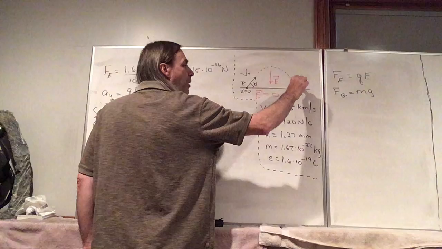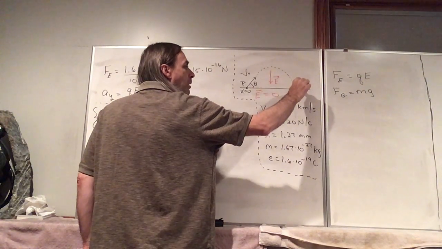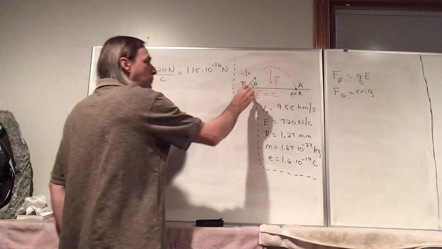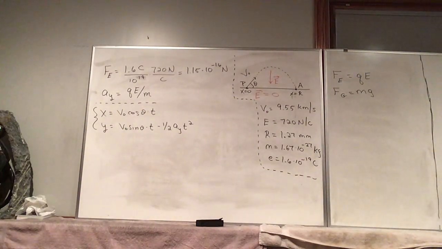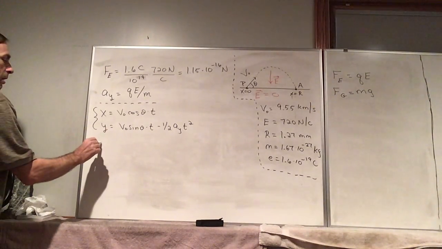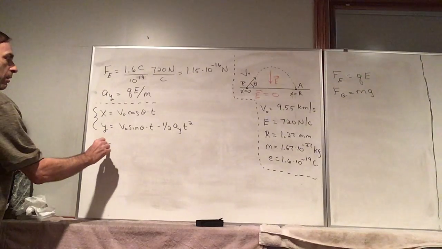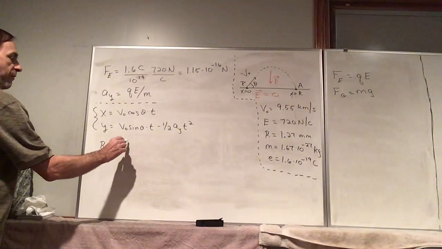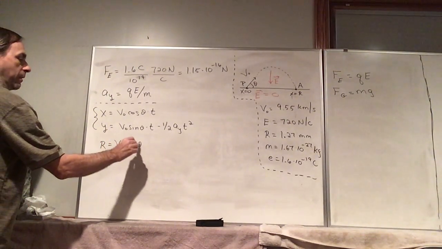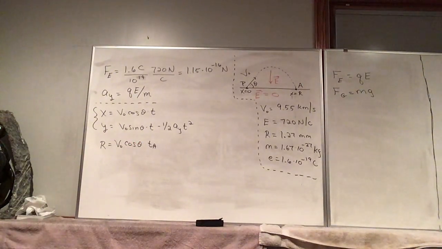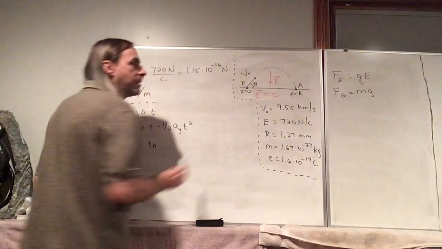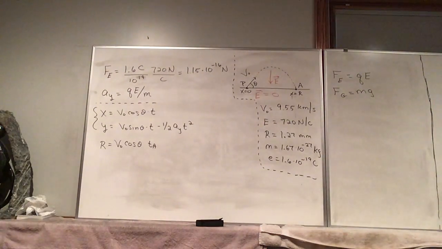And let's look at this point. Let's label it point A. At point A, the x-coordinate is R, and then we have v naught cosine theta times t_A. t_A is the time that it's going to take to hit this point again.